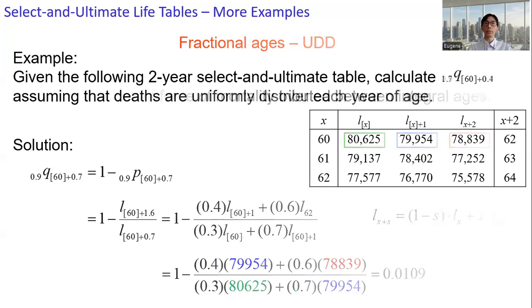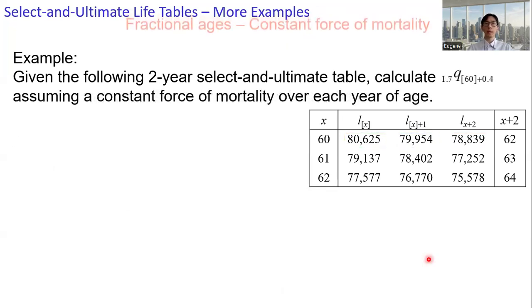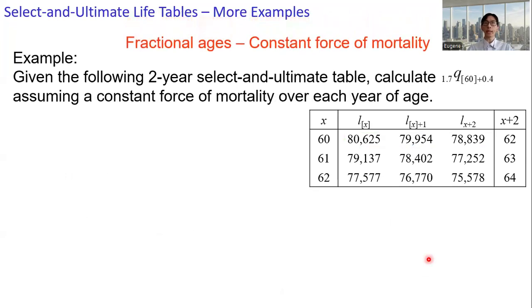The next example, another problem related to fractional age. In this example, we assume constant force of mortality. Calculate the quantity 1.7 Q60 plus 0.4, select age at 60.